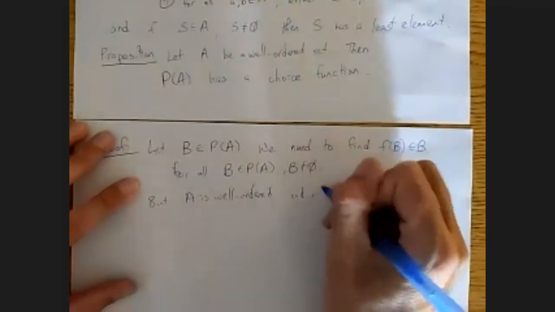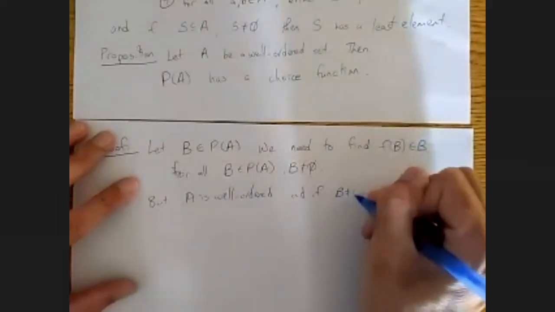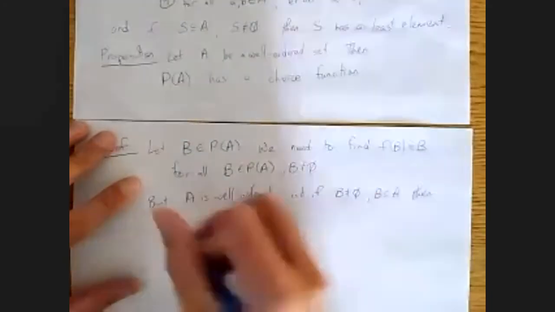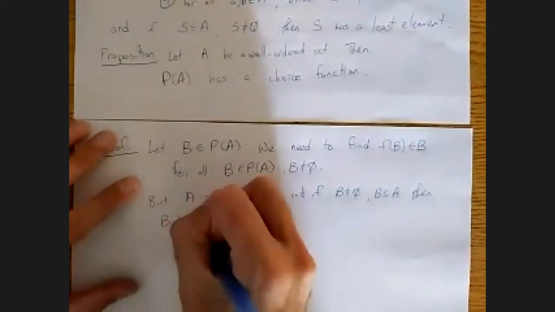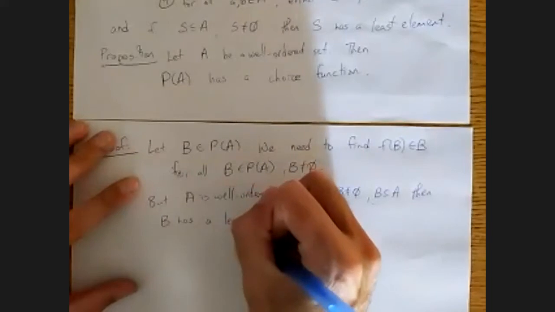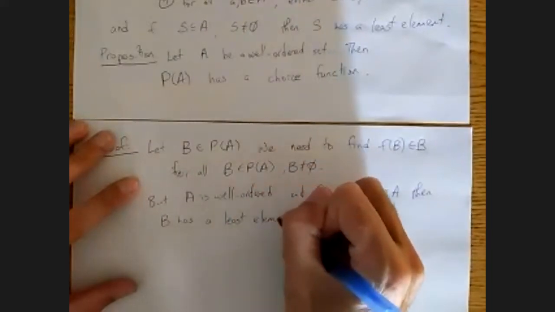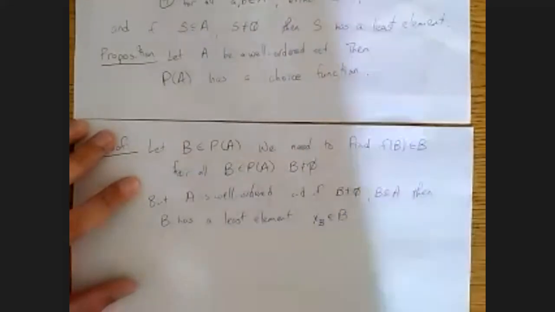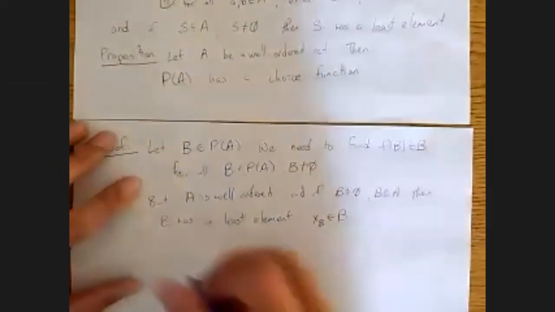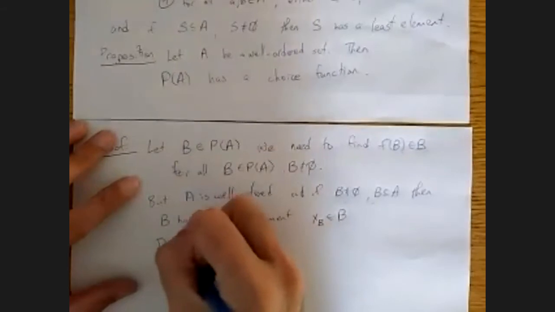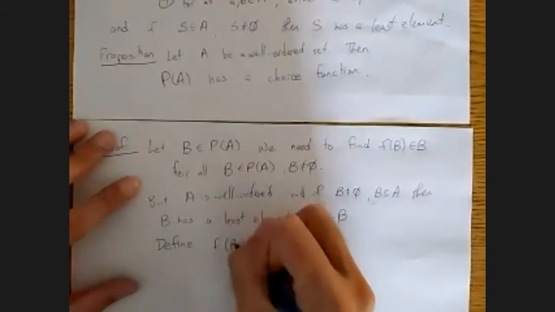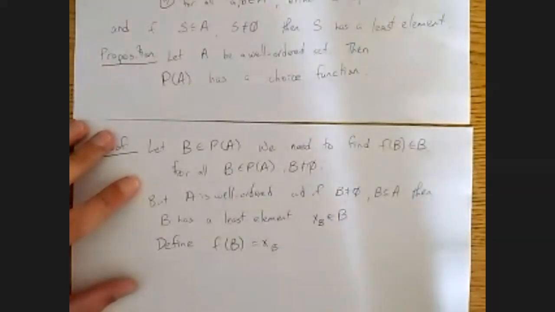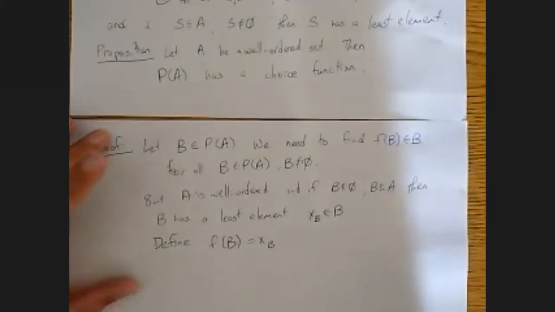If B is non-empty and a subset of A, then B has a least element, say x_B, and then just define f of B to be the least element.